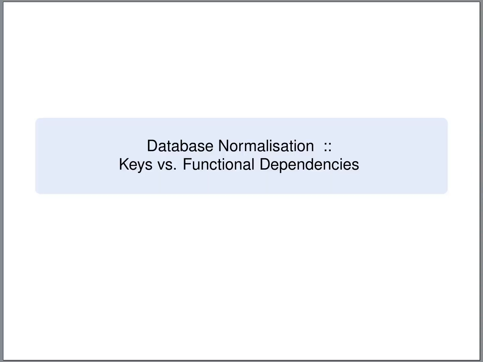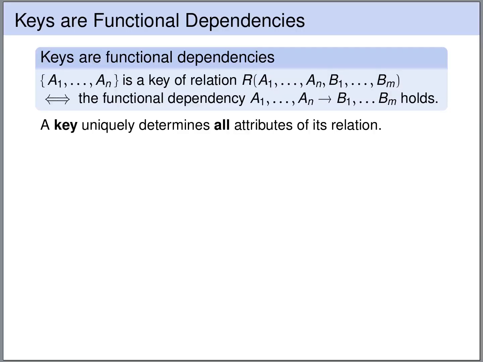So let's make an in-depth comparison between keys and functional dependencies. First of all, it's important to understand that keys are functional dependencies. Let's say we are looking at a relation with attributes A1 up to An and B1 up to Bm.